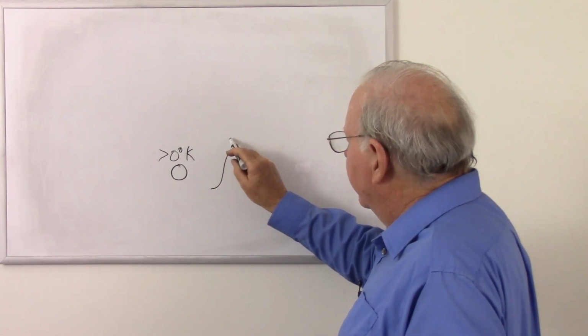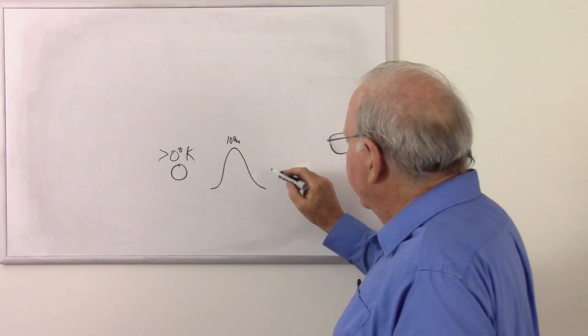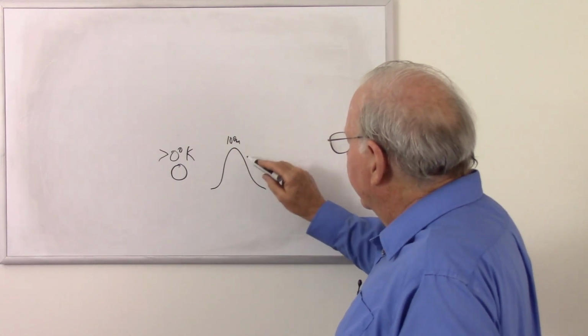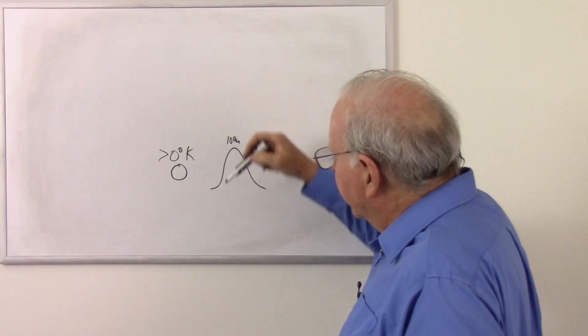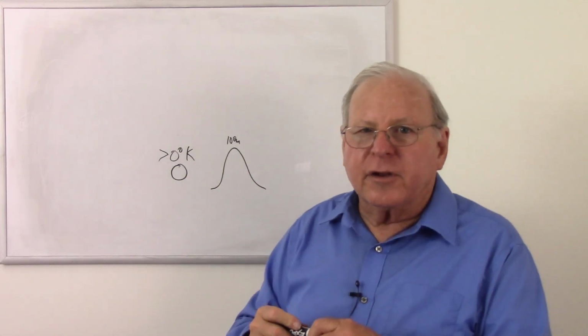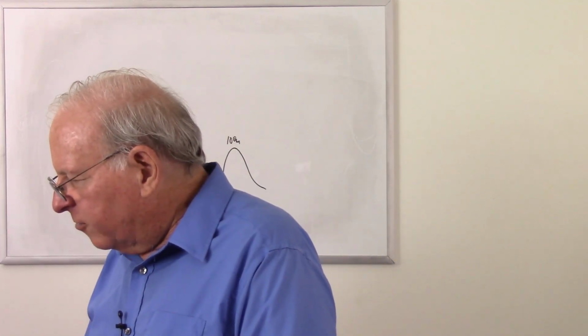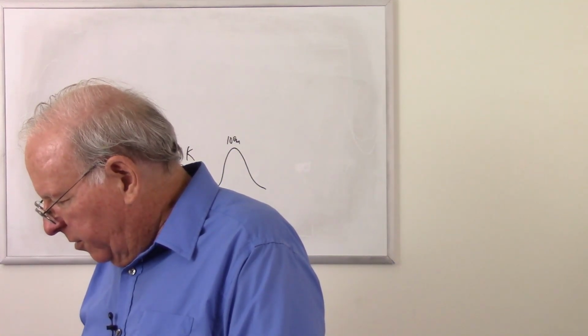Let's say it's going to be 100 meters. At a higher temperature, it's going to peak at some other wavelength. So we get a lot of different frequencies, but they're going to peak at a particular frequency depending on the temperature. And somewhere in my notes, I actually have the temperature. Where is it?